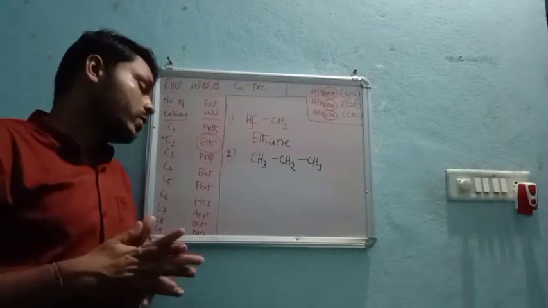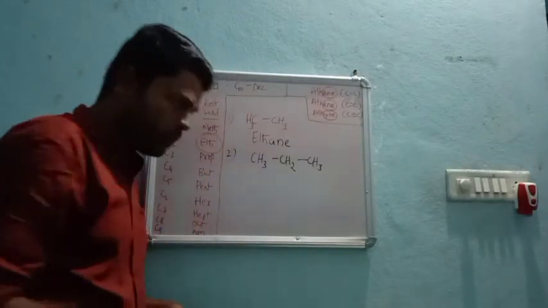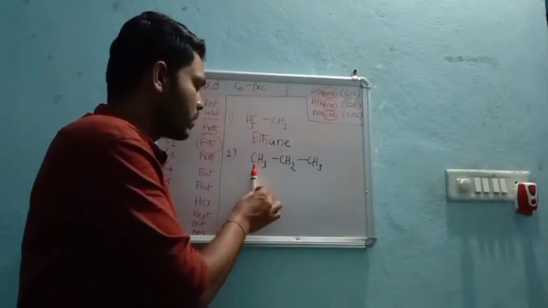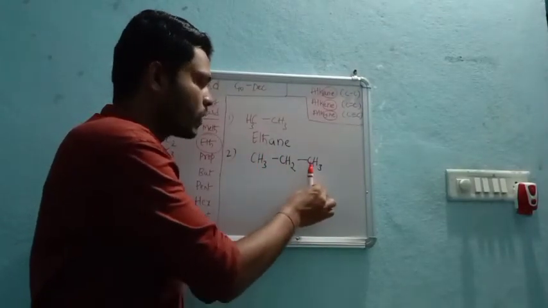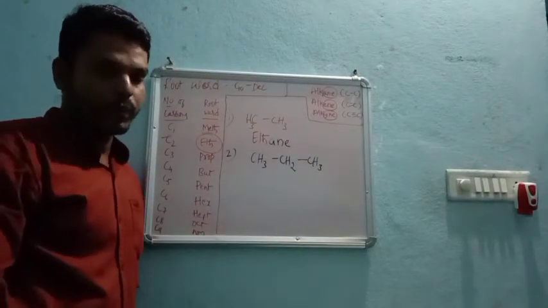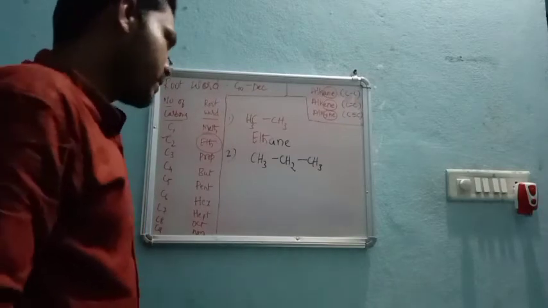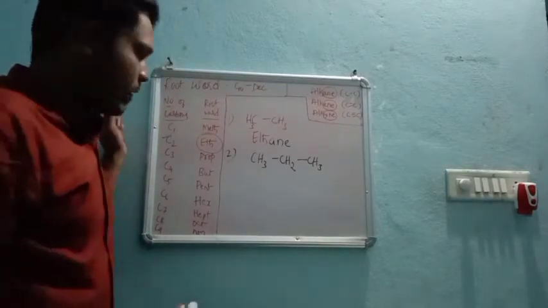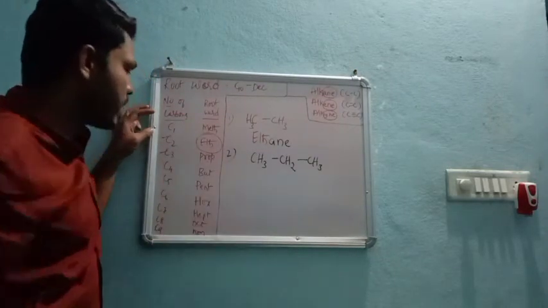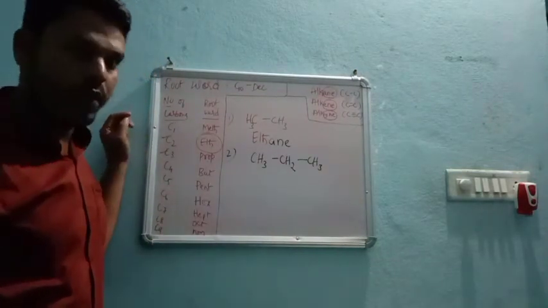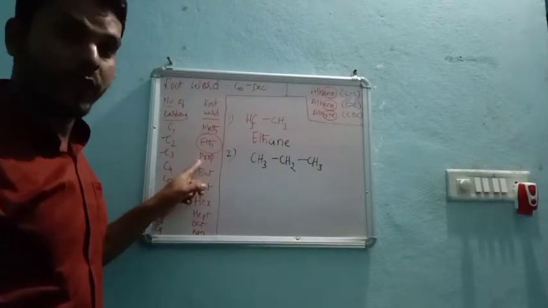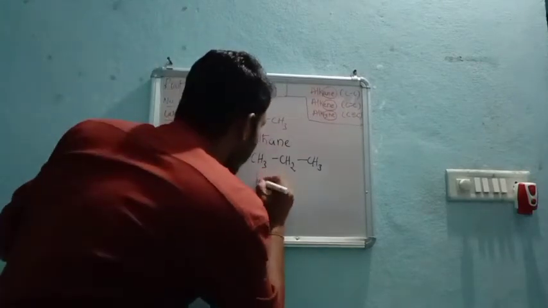After seeing this example, we can count 1, 2, 3. That means there are 3 carbon atoms present. If there are 3 carbon atoms, then we need to check the root word. Simply, we have to use the prefix pro.